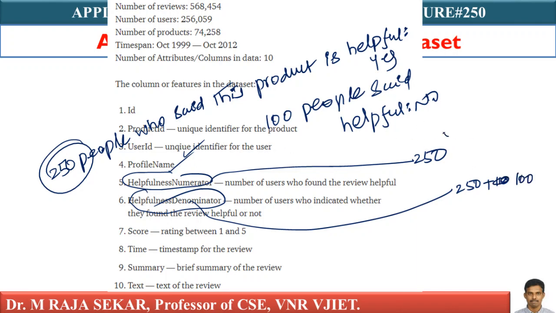Helpfulness numerator means only yes. Helpfulness denominator means yes plus no. That's the idea behind helpfulness numerator and denominator. I will spend a lot of time on these things in future classes.